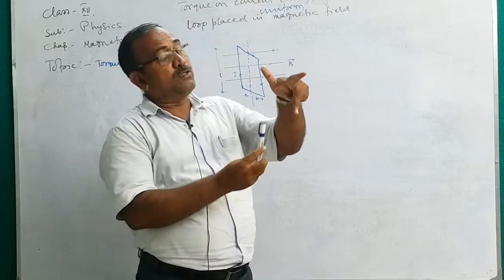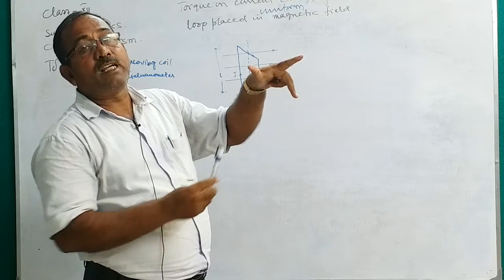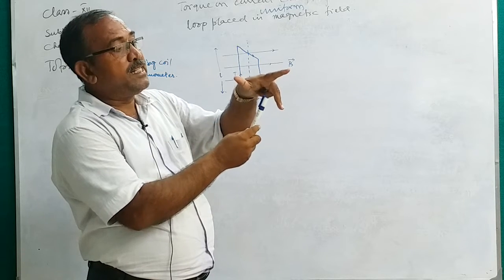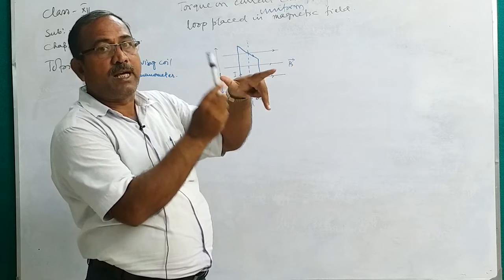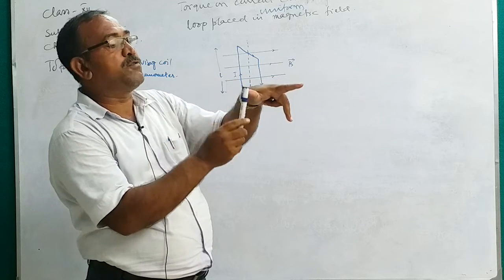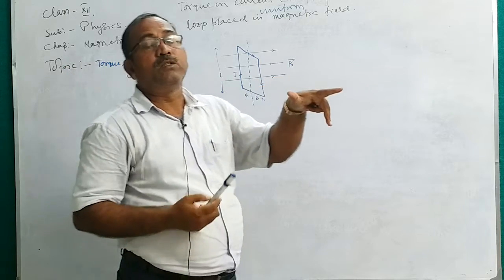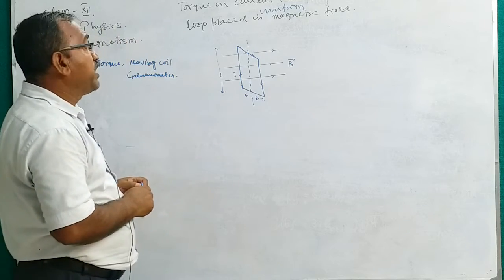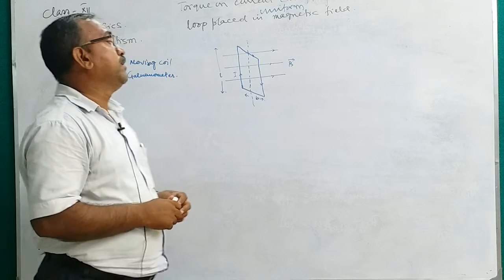This is the direction of the current, this is the direction of the magnetic field, and that is the force. The field must be uniform. The direction of the force is this, so they are perpendicular to each other.